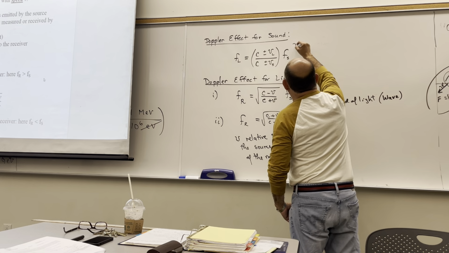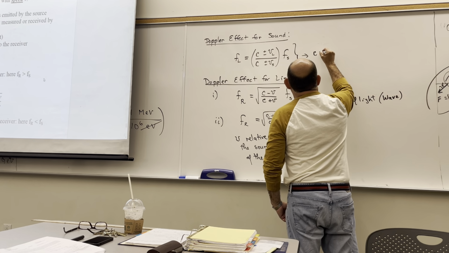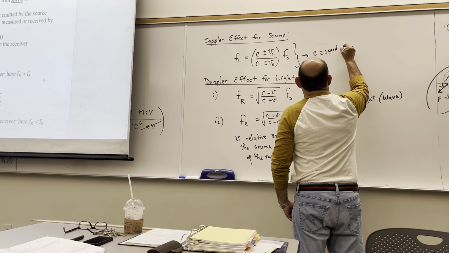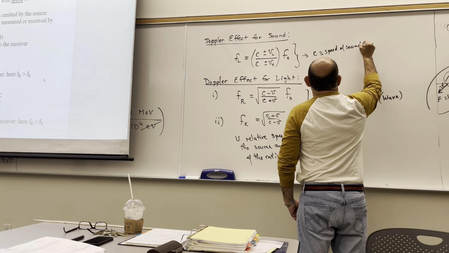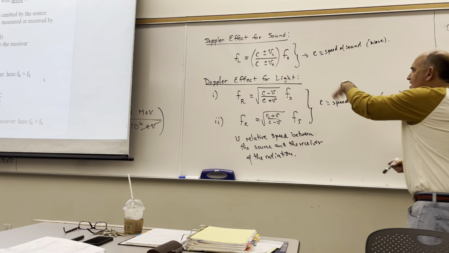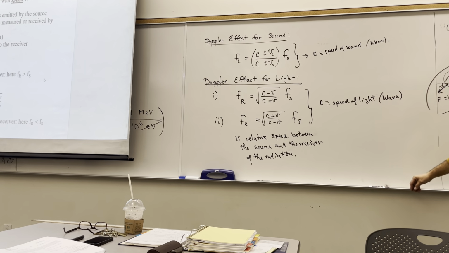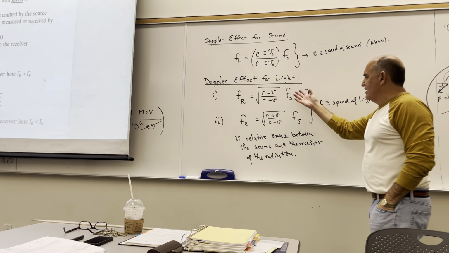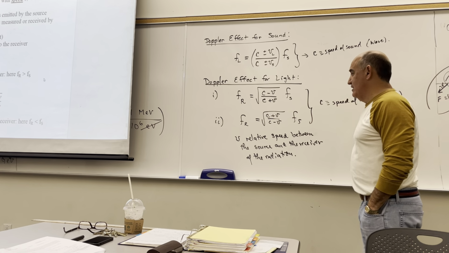And in this context over here, C is the speed of the sound in the medium, which is the wave, right? And then the V's deal with speeds of the listener and of the source of the sound, and for the case of light, it's the relative speed between them.